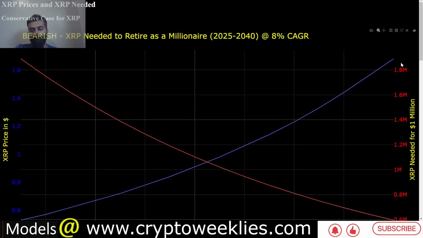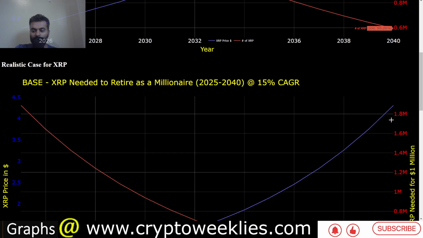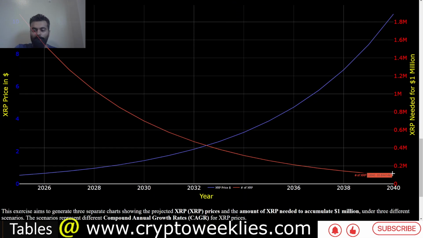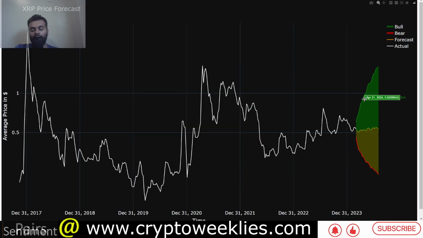In terms of its CAGR model, the number of XRP tokens for being a millionaire at 8% growth is around 600k, at 15% growth around 230k, and at 22% growth around 95k XRP would be equivalent to 1 million in 2040. In terms of its forecast graph, the bull case for XRP till August is between $1 and $1.59. The base case is between 50 cents and 54 cents, and the bear case is between 23 cents and 30 cents. So this is a high level summary related to XRP.